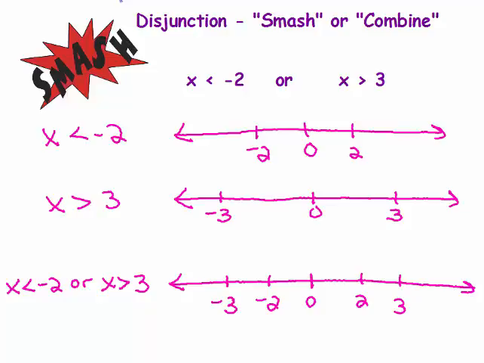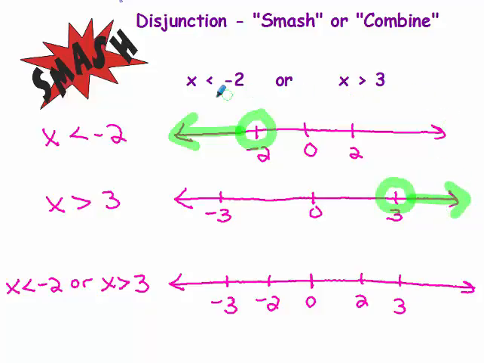Okay, so let's talk about graphing. X is less than negative 2. Open circle on negative 2, less than, shade to the left. X is greater than 3. Open circle on 3, shaded to the right.